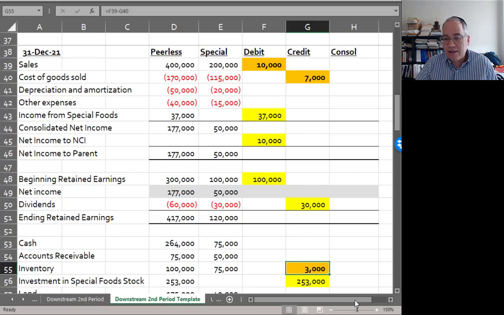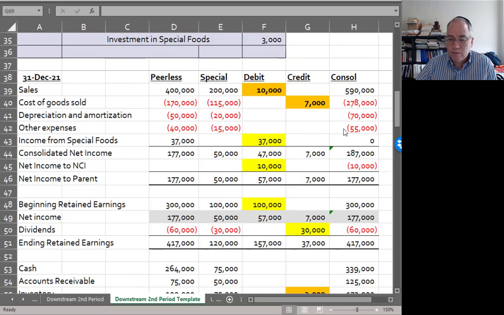Now I'm going to add up the consolidated column. So here you can see that your net income consolidated equals net income of the parent because you're using the fully adjusted equity method. Ending retained earnings is the same as the parent again. If you didn't use the fully adjusted equity method, if we didn't do it this way, then you would not have this.